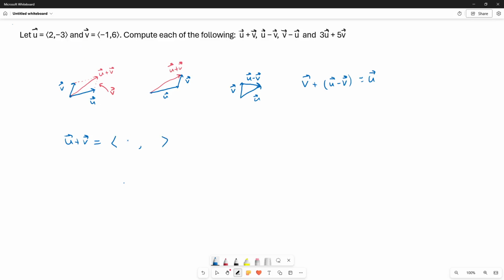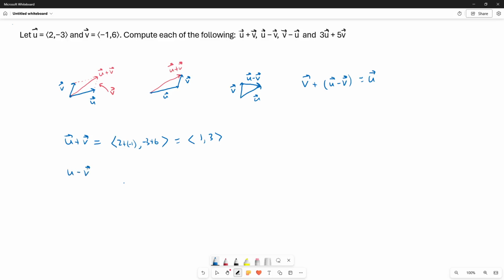The first component will be the sum of the first components, so 2 plus negative 1. And I'll write that for emphasis. And negative 3 plus 6 for the second component. And so the sum is (1, 3). So that's u plus v.